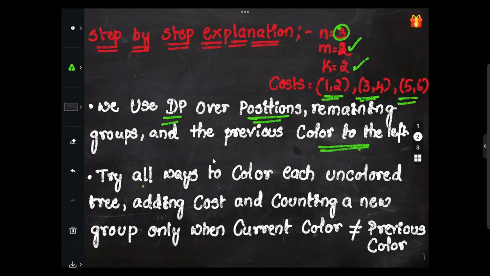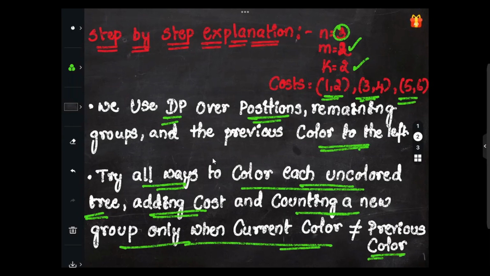So we will try all the ways to color each uncolored tree, right? That's what we'll be doing, adding the cost and counting a new group only when the current color is not equal to the previous color, because of the contiguous colors, right? In the question they have strictly mentioned that beauty is nothing but the number of contiguous same color groups across all the trees.